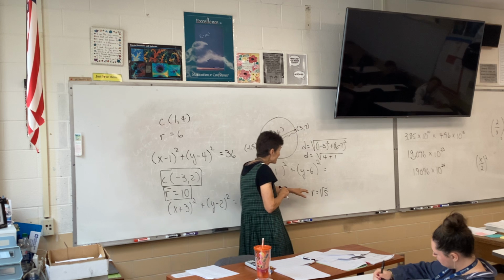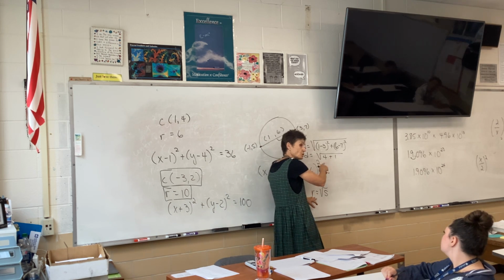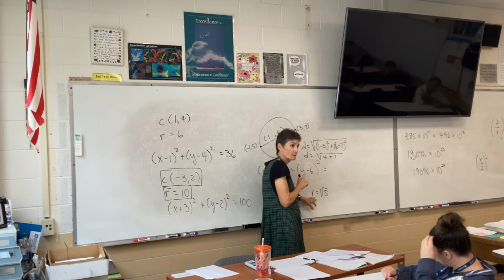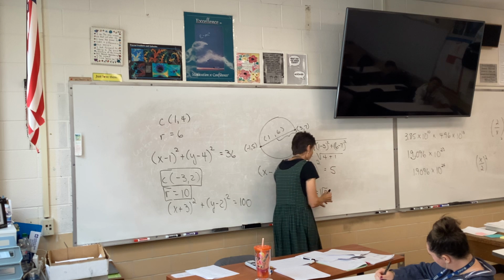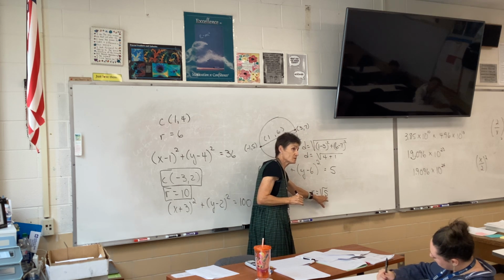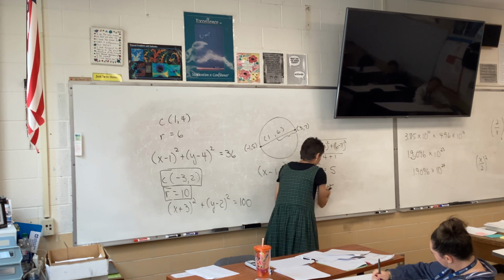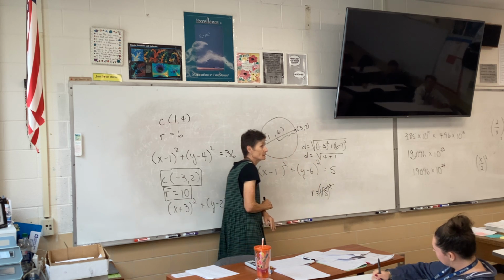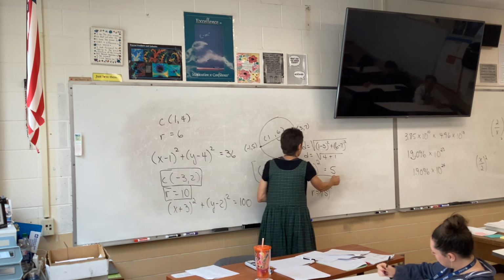So if the radius is root 5, what is the equation going to be equal to? 5. Don't we square this, guys? Don't we square that? And if you square the square root, don't those cancel? And there is your equation. This is the answer to the question.